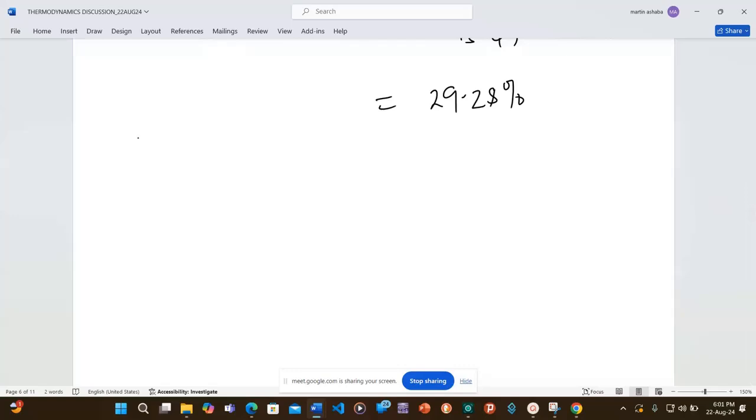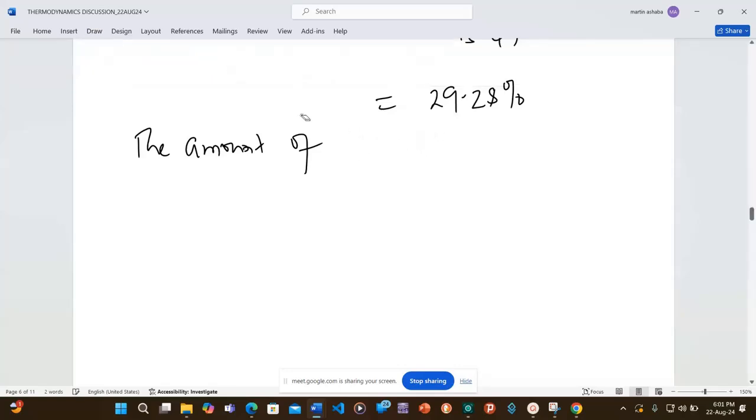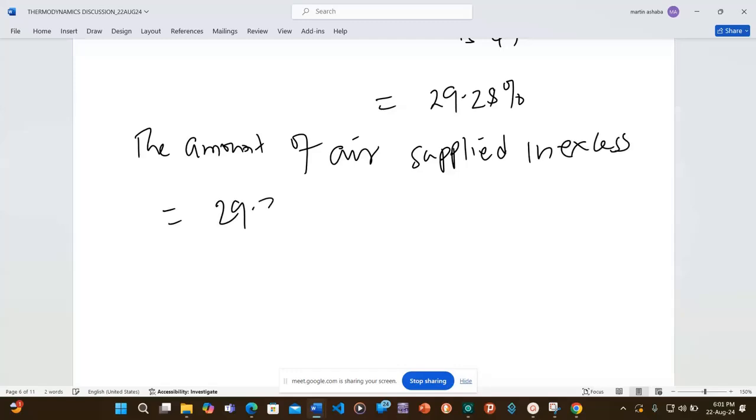So the amount of air supplied in excess is equal to 29.28% of the theoretical air.